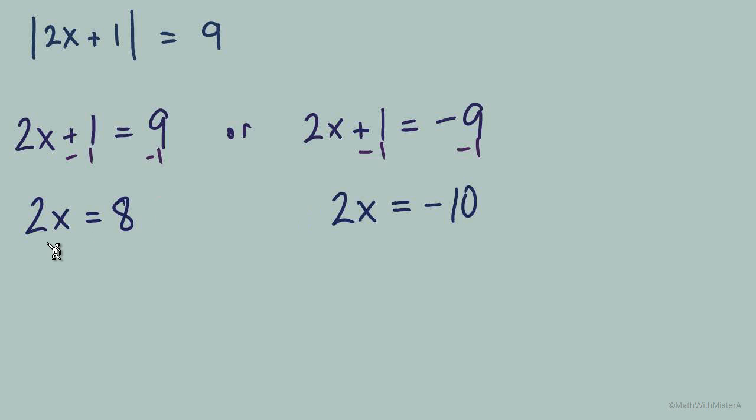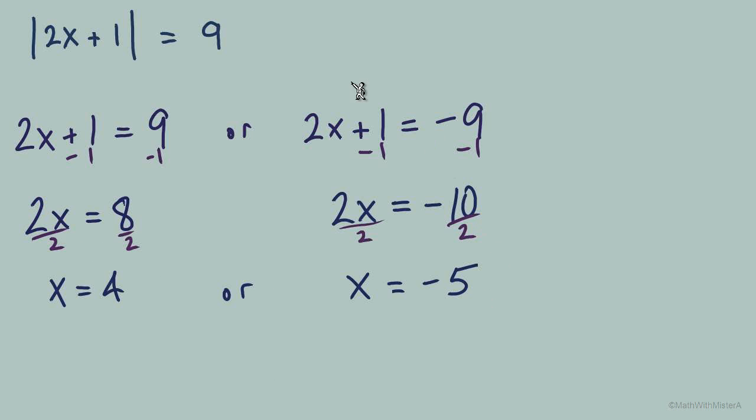So we're solving for x, next divide both sides by 2. That leads us to x equals 4 on one side and x equals negative 5 on the other side. And we would say the way these 2 solutions work together is that either one or the other is a solution. So either x equals 4 or x equals negative 5.